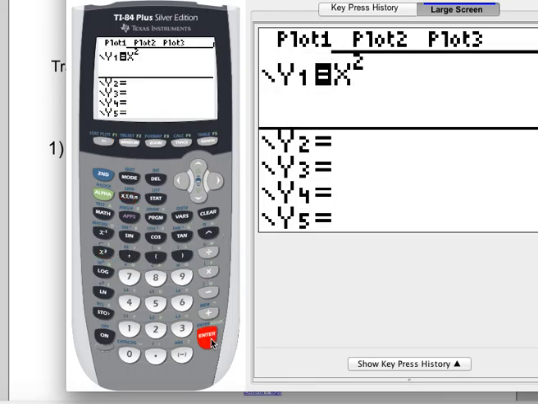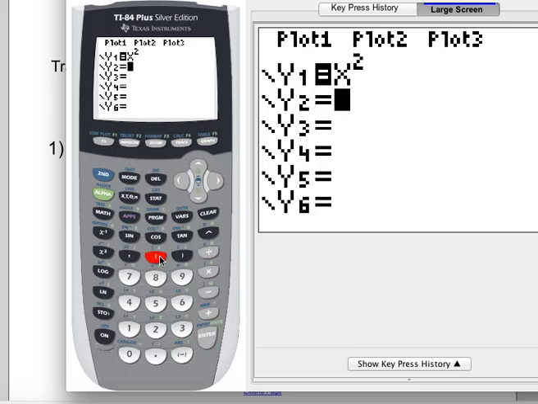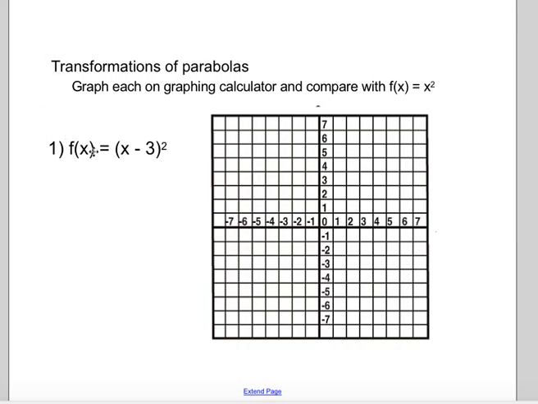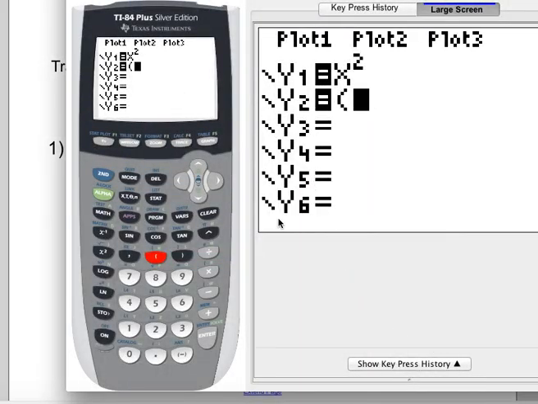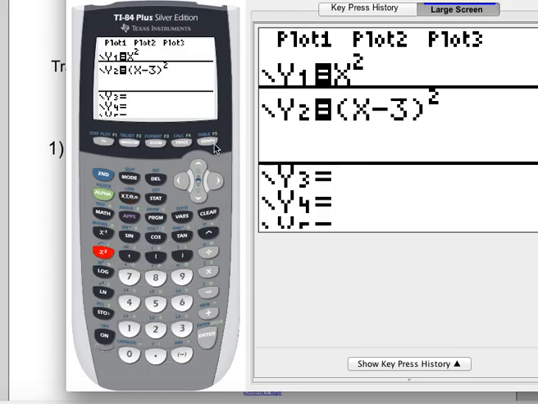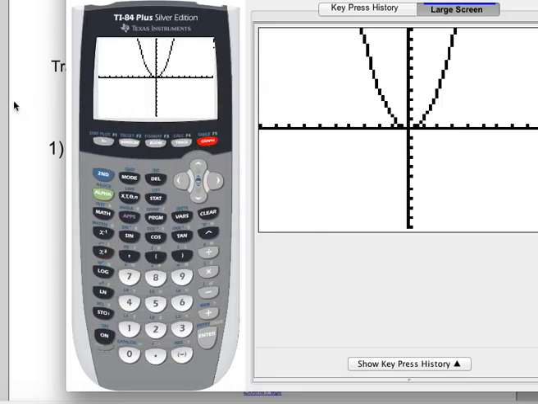I'm going to hit enter there, and I'm going to plug in my new one here, which is x minus 3 squared. So let's plug that one in: x minus 3 squared, and we're going to graph those out and compare. Now your graphing calculator is going to graph out the parent function first, and then that x minus 3 in parentheses squared next. So you want to kind of compare them.